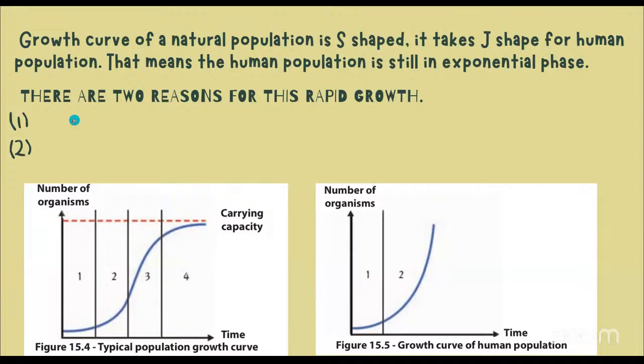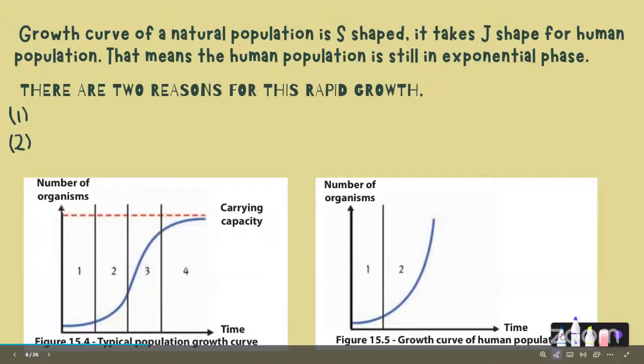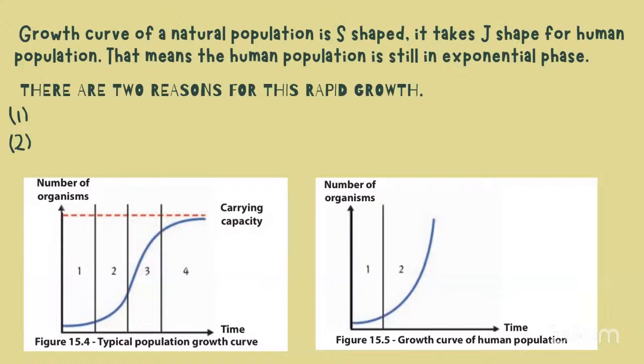So there are two reasons for this rapid growth. May I know what are the two reasons? It's given in the textbook. So there are two reasons for the rapid growth of the human growth curve. May I know the reason? Okay, someone has typed it.